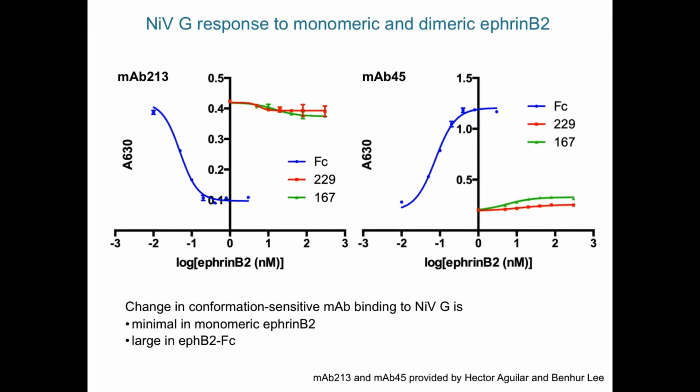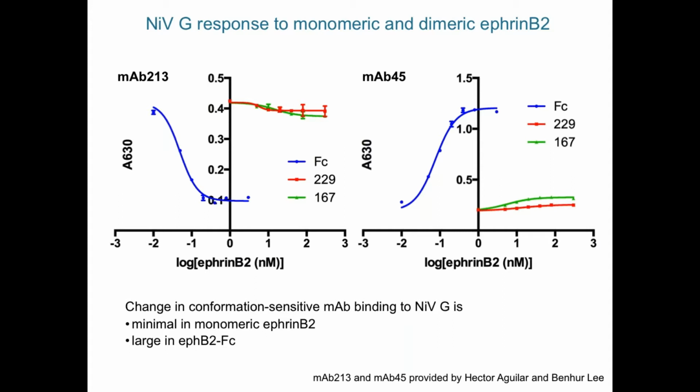The lack of apparent conformational change in EM was further supported by binding of conformation-specific antibodies to Nipah-G in the presence of increasing amounts of FNB2. Dimeric FNB2 addition causes a difference in the binding to MAB213 and 45, similar to what was reported previously.